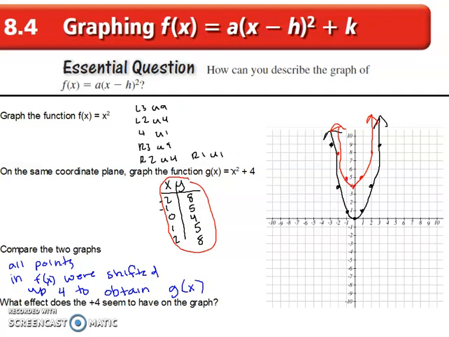So then looking at our two equations, I have f of x equals x squared, and then I've got g of x equals x squared plus 4. So the only difference in the two graphs is that plus 4 after the x squared. So it appears that that plus 4 seemed to shift the graph up 4.